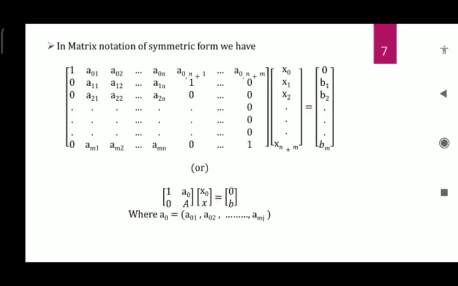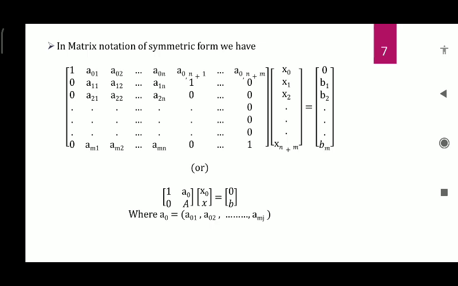Now we shall represent the above equations again in the symmetric matrix notation in the following manner. The coefficient of z is taken in the first column, the coefficient of x1 in the second column, the coefficient of x2 in the third column, and in the similar manner the coefficient of xn+m is taken as the final column of this matrix. So it is represented as 1, a01, a02, etc., a0,n+m.